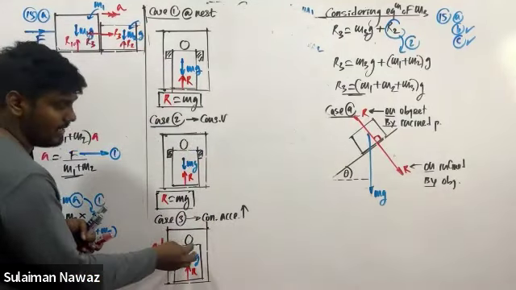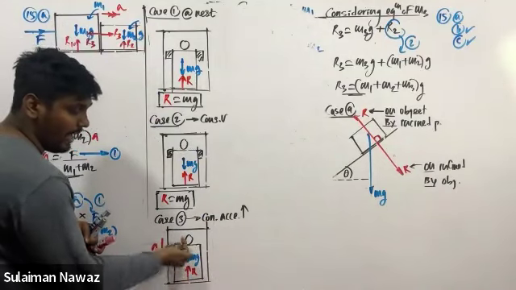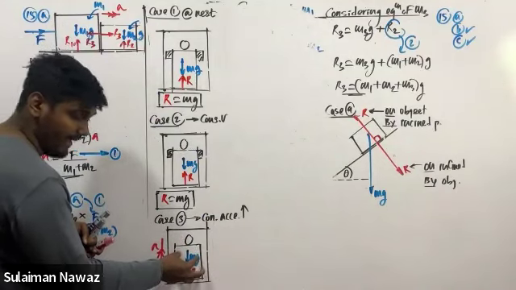R is higher, mg is lower, resultant is R minus mg.